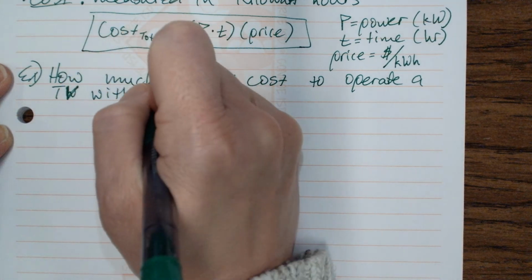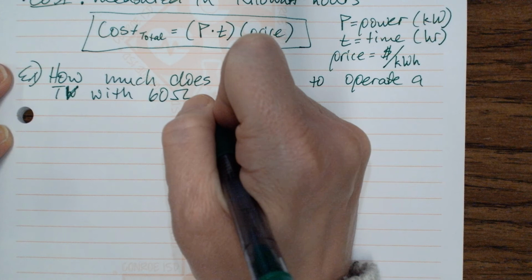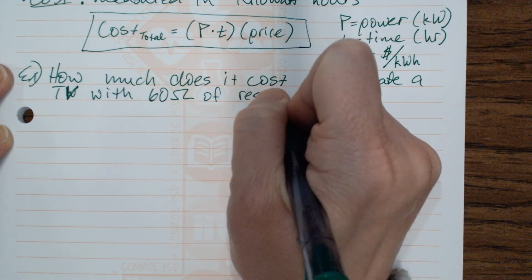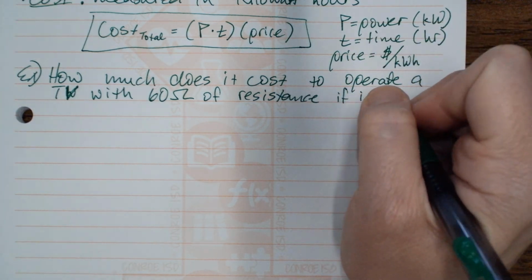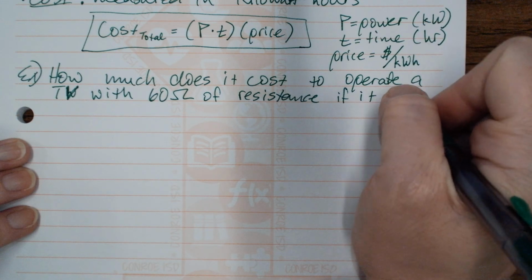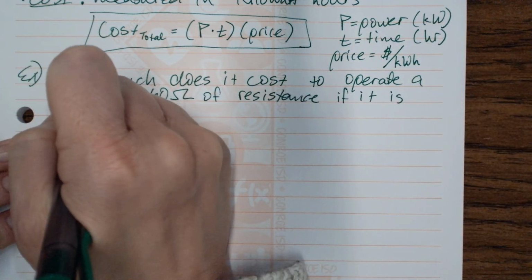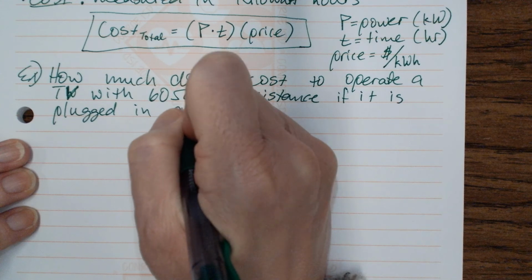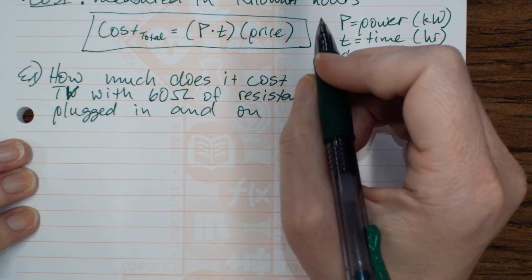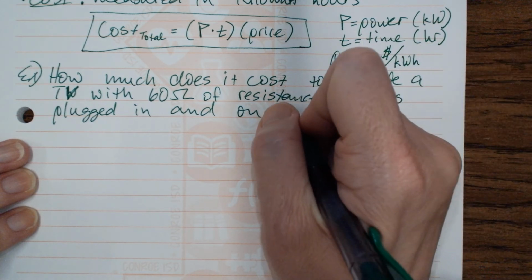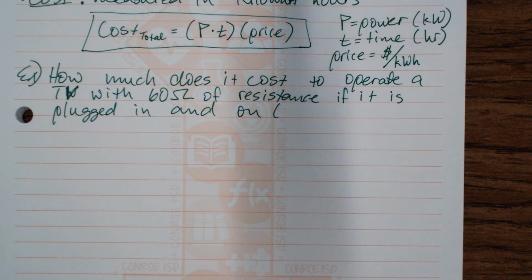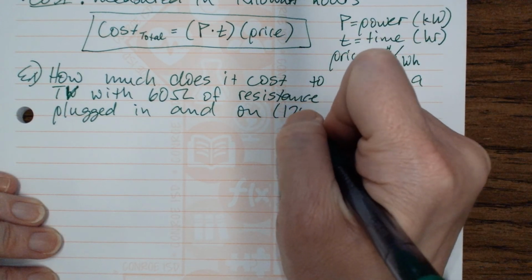With 60 ohms of resistance, if it is plugged in and on, and when you plug stuff into a wall, typically, in our neck of the woods, the wall voltage is 120 volts.